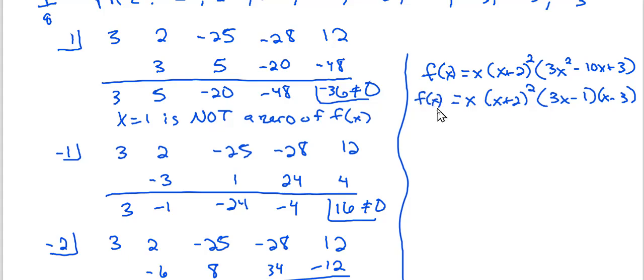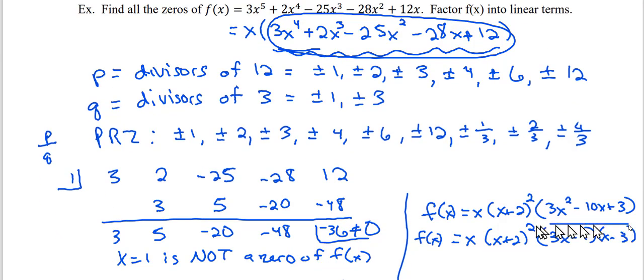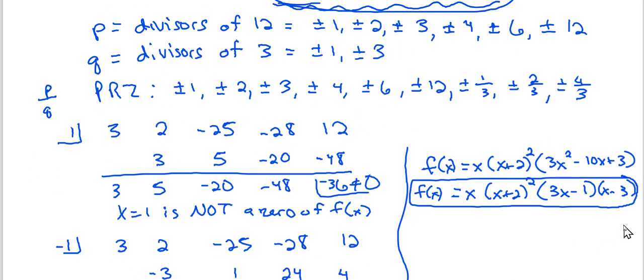I'm going to read my directions again to see what it asked me to do. Factor it into linear terms, which I did here. Those are all linear. And find the zeros.